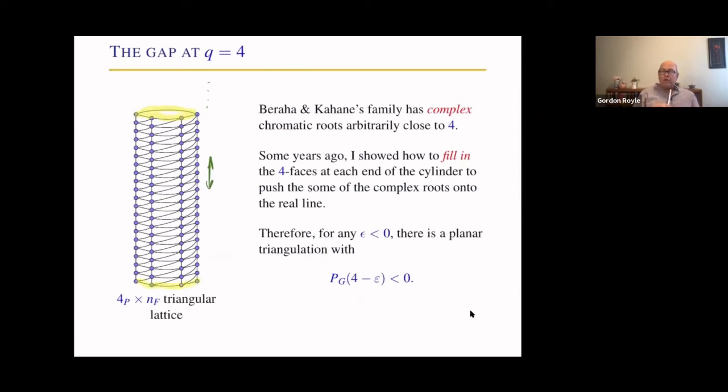Well, a few years ago, I showed that if you inserted a certain graph in the top face and a different graph in the bottom face, then you could push some of those complex roots onto the real line. And that gave an infinite family of graphs with real chromatic roots arbitrarily close to 4. Okay, so 4 is done.